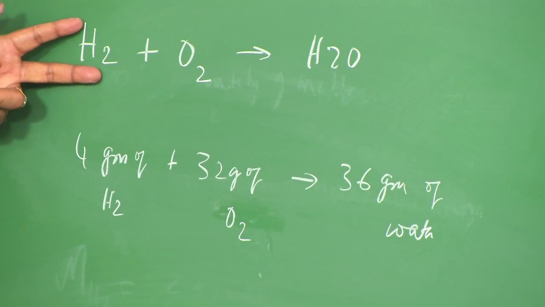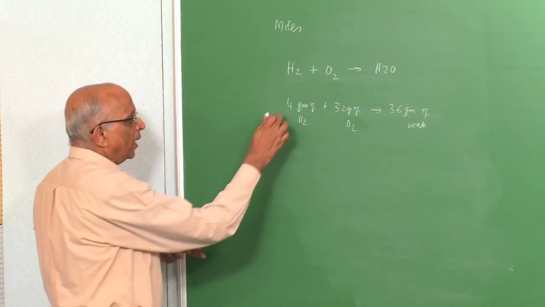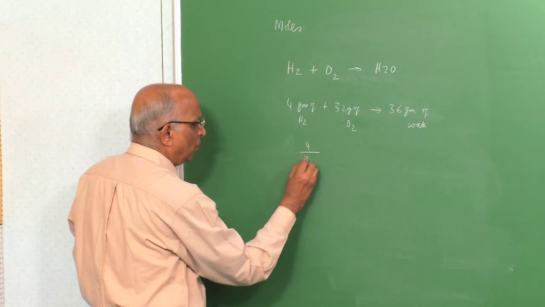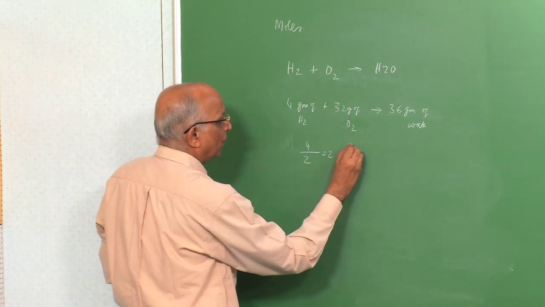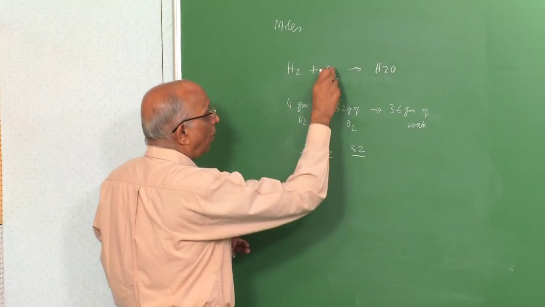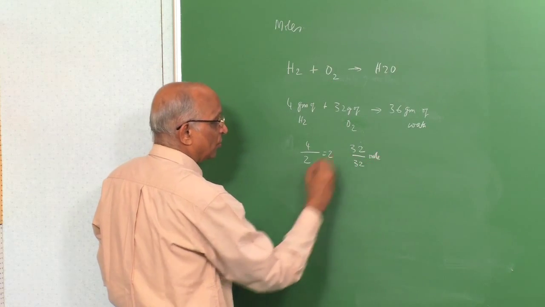Now, how do we write this equation? Well, in terms of moles, I have 4 divided by 2 grams per mole, that is 2 moles of hydrogen. I have 32 grams of oxygen, oxygen is 32 grams per mole, that is 1 mole of oxygen.